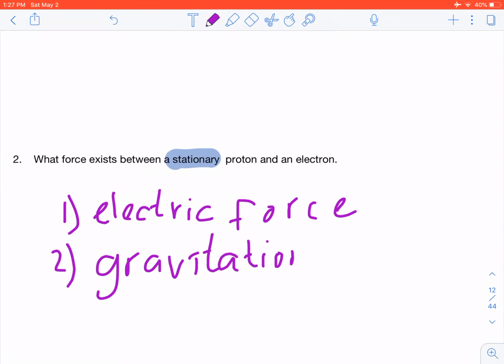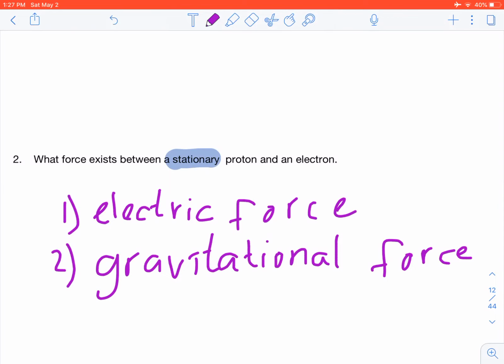Gravitational force. Right, there will be a gravitational force, because it has mass. Now the point is, which force is stronger, electric or gravitational? Again, this you will do in grade 11, because you'll be given equations.